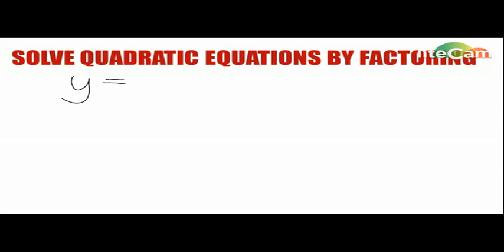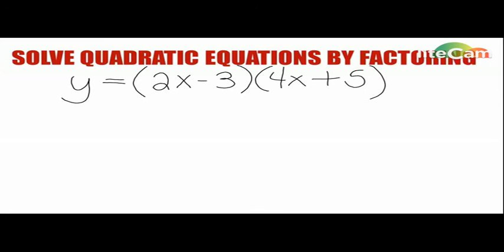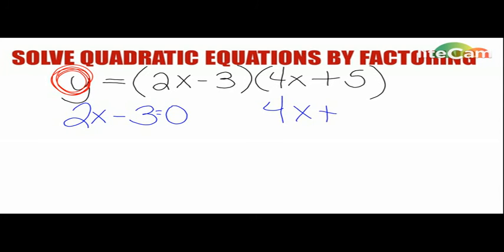Okay, last point that I need to make here. You may have some factors that need a little extra work. In this case, let's say we have an equation that's been factored. I'm going to set it equal to 0. And I've got 2x minus 3 equals 0 and 4x plus 5 equals 0.